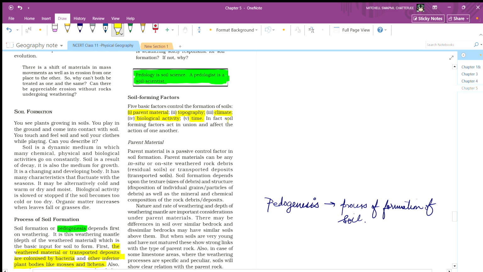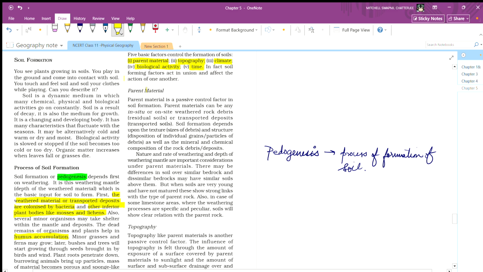In fact, forming factors act in union and affect the action of one another. All the factors contribute simultaneously to the formation of soil.